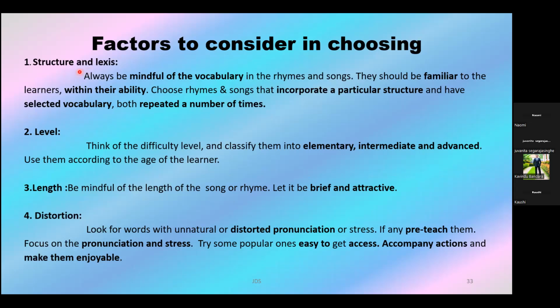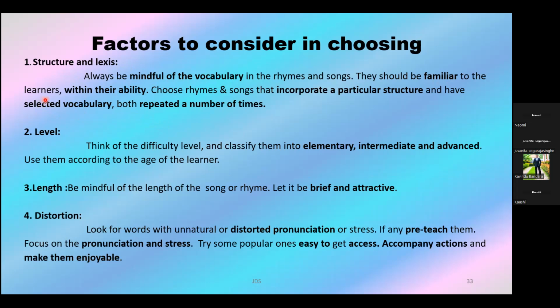Structure and lexis, right? The structure, the layout, or maybe the format of the song or the rhyme. And lexis stands for the vocabulary. So when we decide on a particular rhyme or a song, we need to check the words that are used in that song or rhyme, whether the words are familiar to the learners.